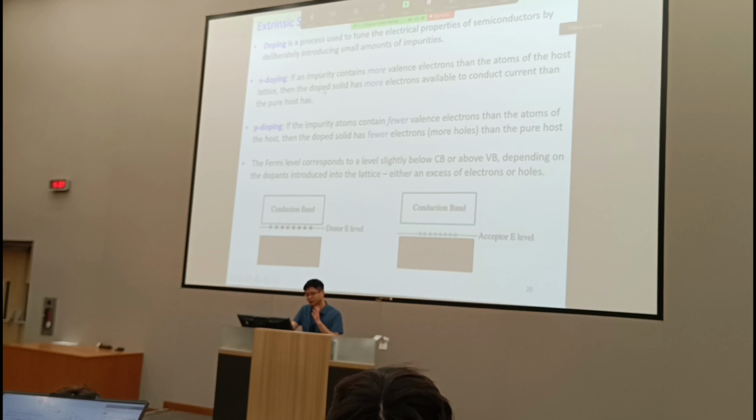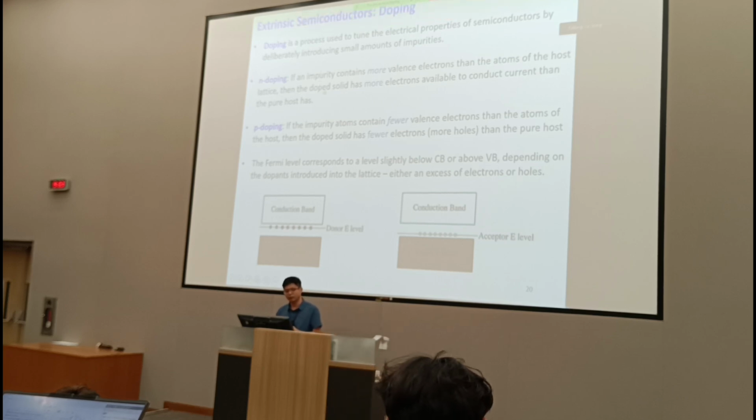Doping is intentionally introducing impurities. You can introduce electron-rich impurities, which creates an n-type dopant. N-type doping basically increases the electron concentration.